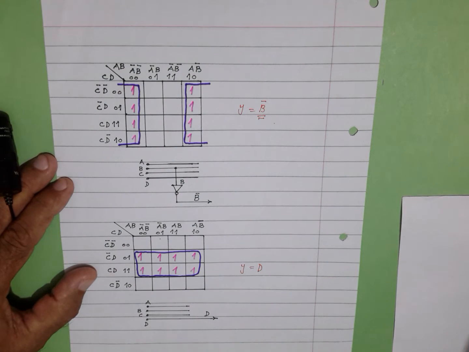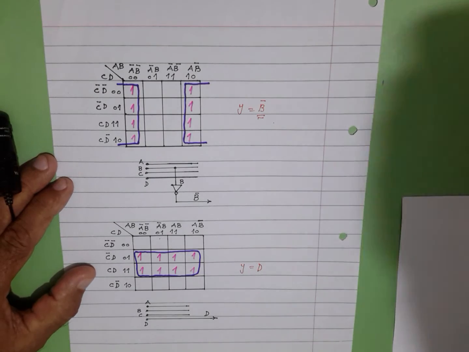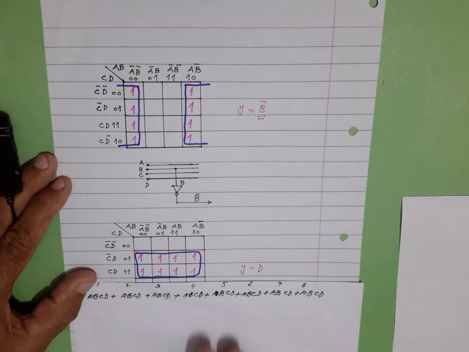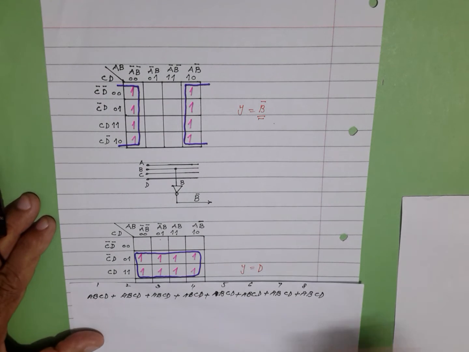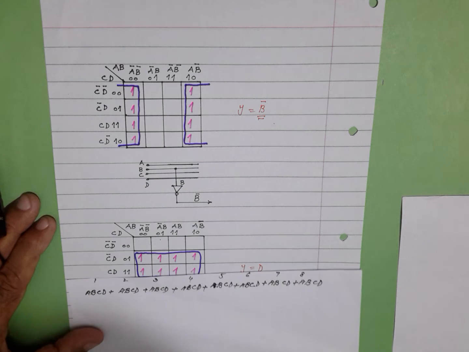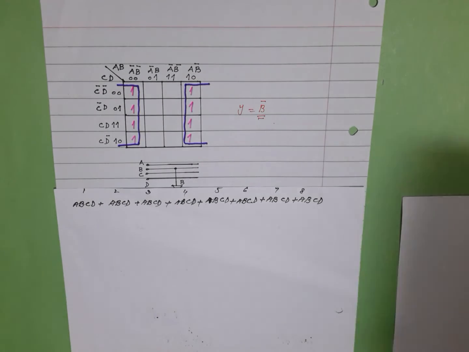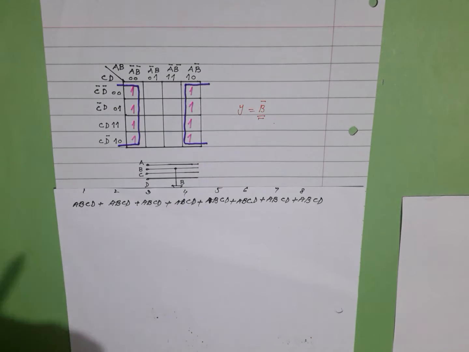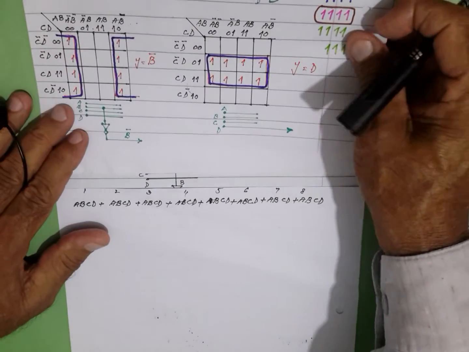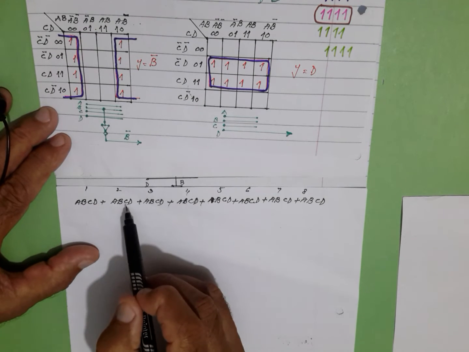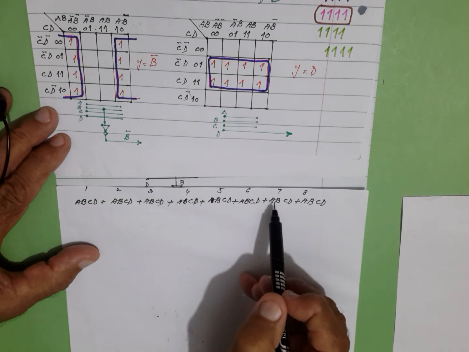The same 8 minterms can be minimized. One, two, three, four, five, six, seven, eight.